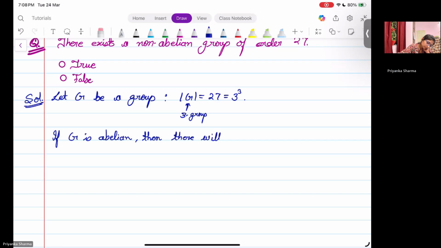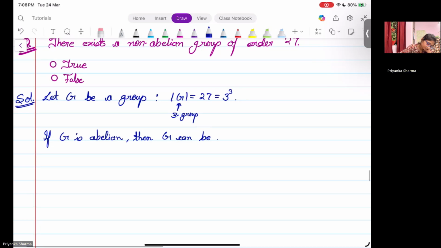Then we can say G can be isomorphic to Z27, or Z mod 27Z.